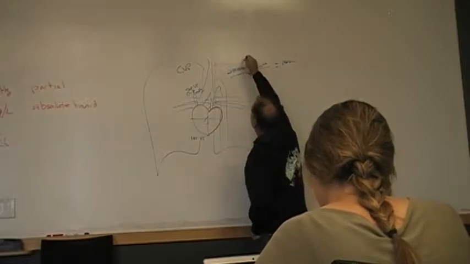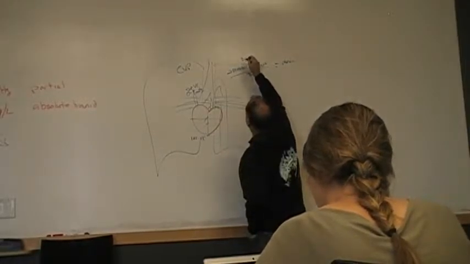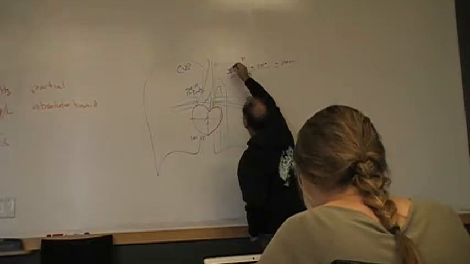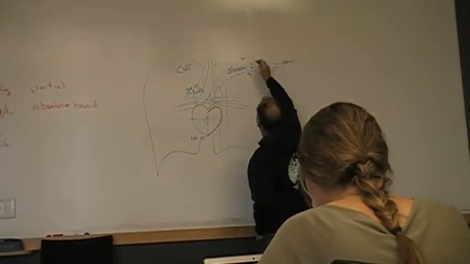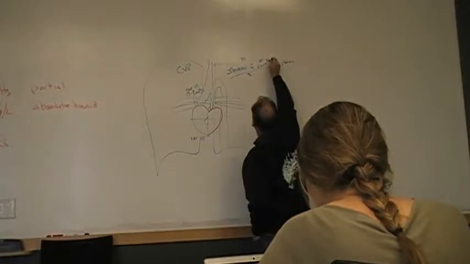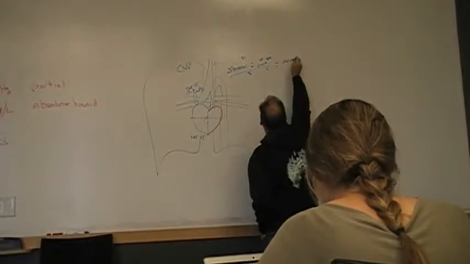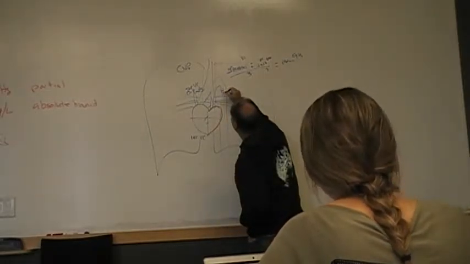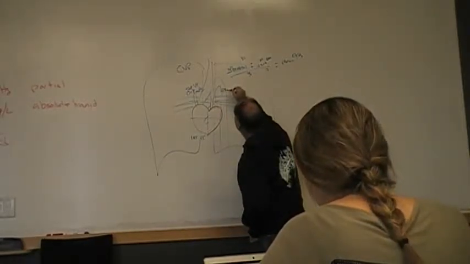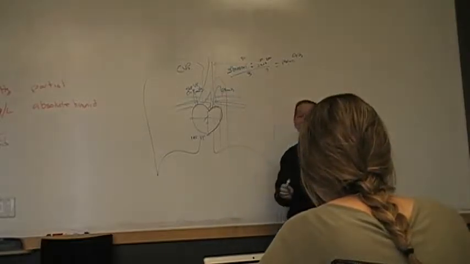So if diastole is 80, that's 160 plus 120 is 280. Divided by 3 is 93. So when the blood comes out here, we've got a mean blood pressure of 93 millimeters of mercury.